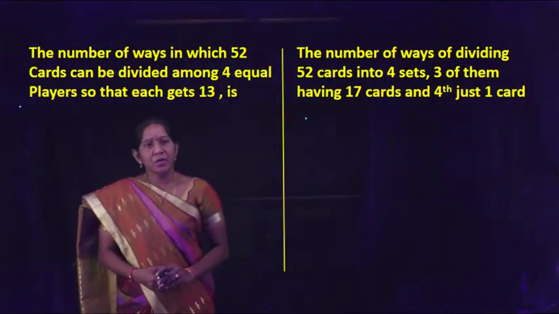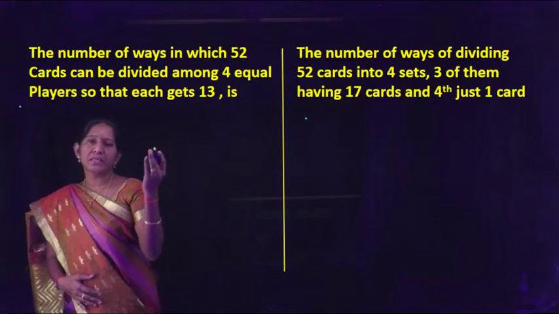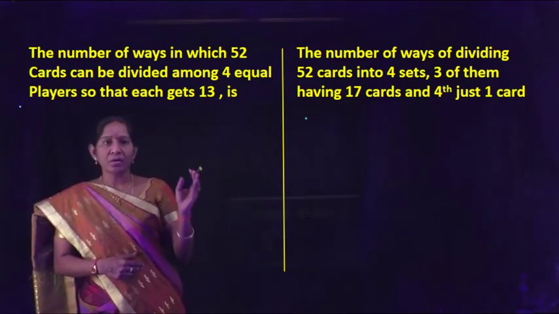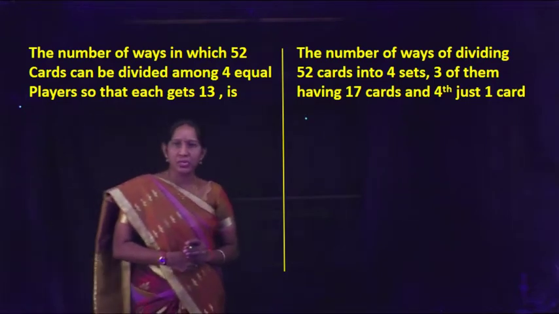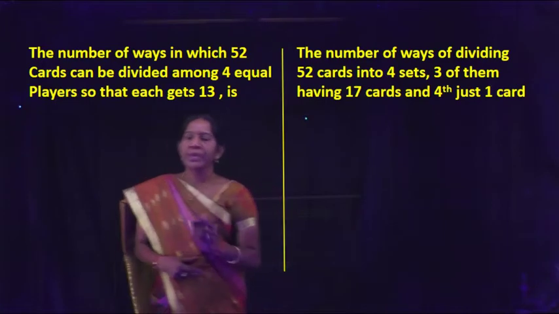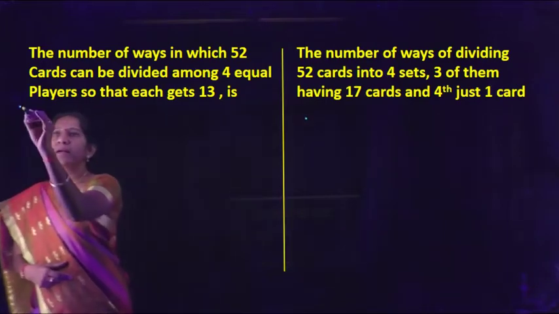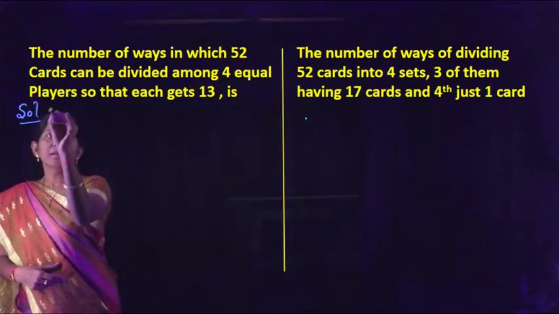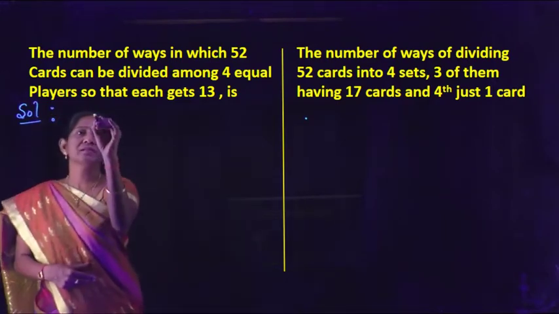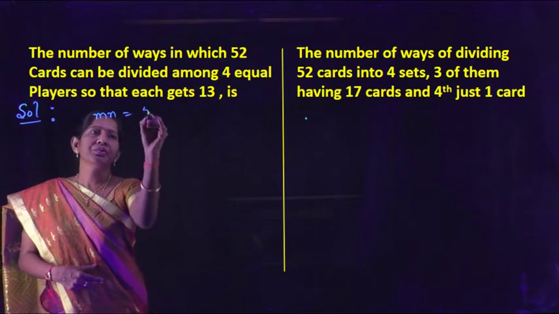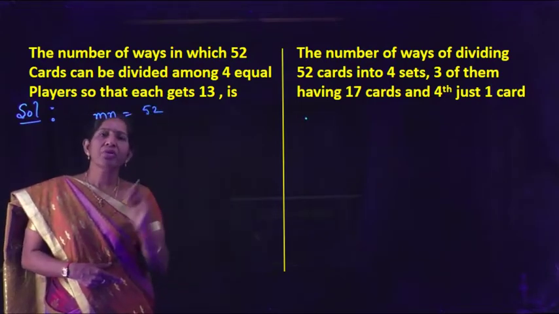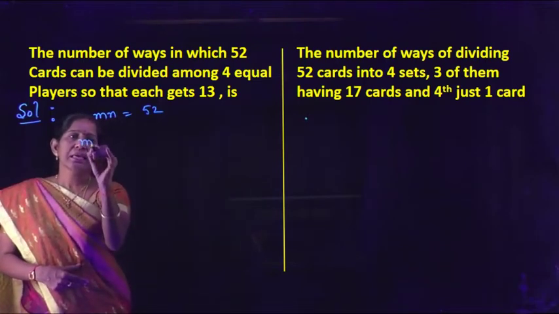Come to the next problem. Number of ways in which 52 cards can be divided among 4 equal players so that each gets 13 is. Here given 52 cards, that means mn equal to 52, divided among 4 equal parts, that is m equal to 4.